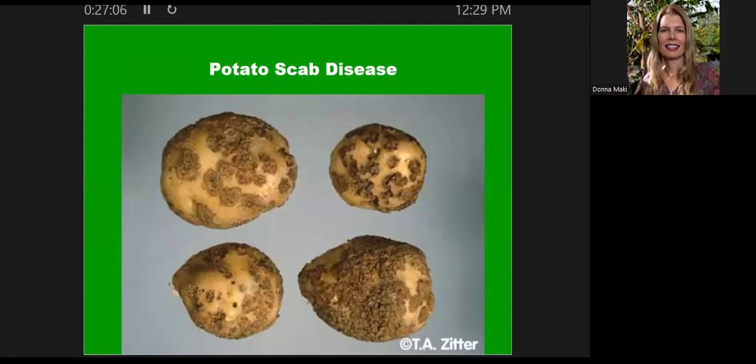Anywhere potatoes are grown, they're grown globally, this pathogen is there, and there's currently no cultivars of potatoes that are resistant to it. But we found a big group of different Streptomyces bacteria that can kill the pathogen, and we had really good success with field trials. Frito-Lay wanted us to keep going. They gave us some of their property and let us do some trials on their land.